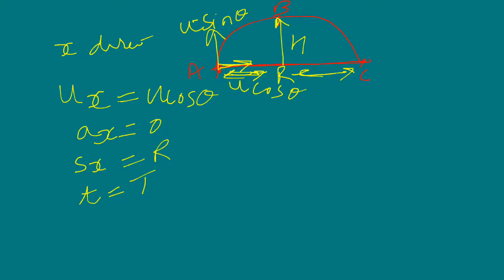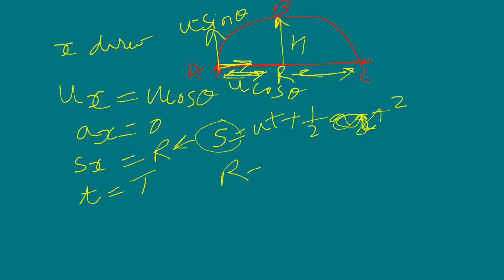So now we substitute the values. s equals ut plus half at square. S is equal to r, so r equals initial velocity u cos theta into time, which we derived previously: time is 2u sin theta by g.